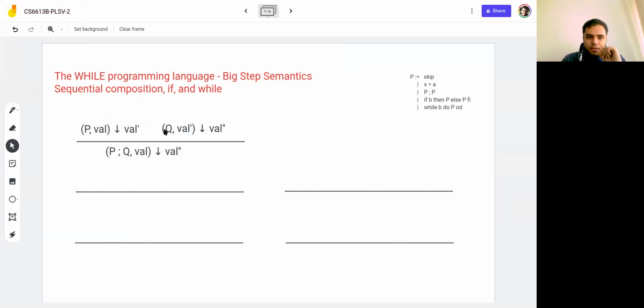So this is our rule. If you start from a valuation and run P and go to an intermediate valuation, and then from that intermediate valuation, you run Q and end up in another valuation, then you can basically just run P;Q from the initial valuation and end up at the final valuation. So this wasn't too hard. Okay, what can we do for if?